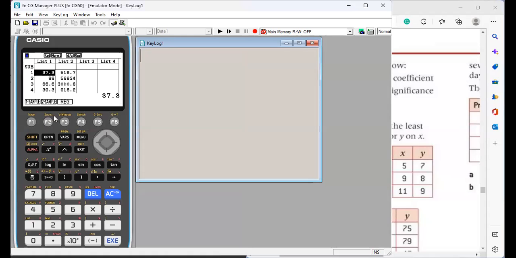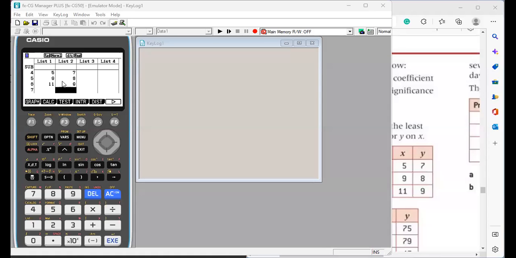Press F2. There are 1 sample, 2 sample, and regression. We are doing this for regression, so you press F3. We need to write the values in list 1 and list 2, so I will go back and first type this data in list 1 and list 2.